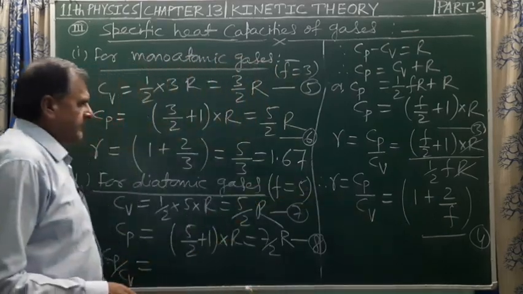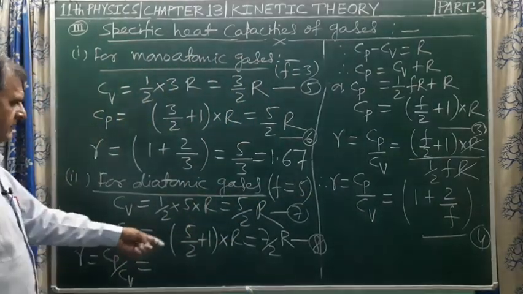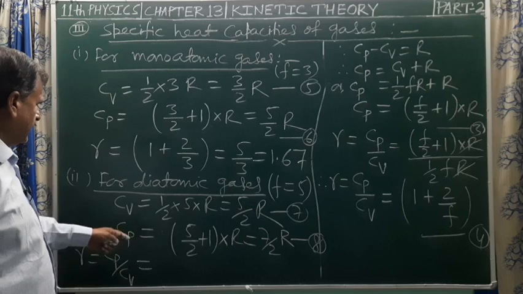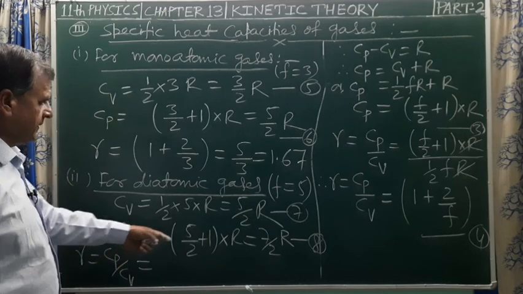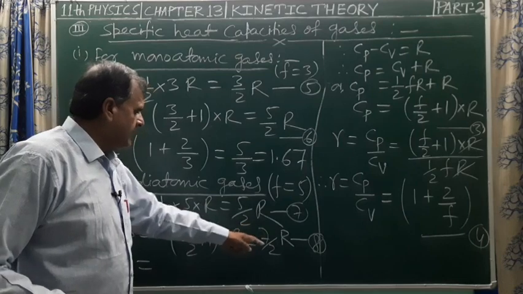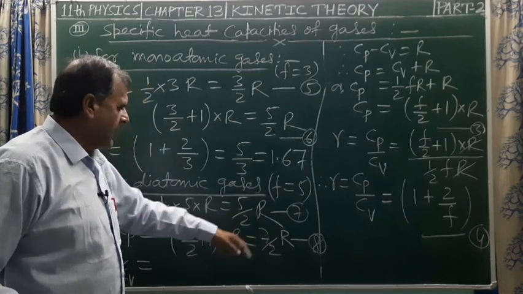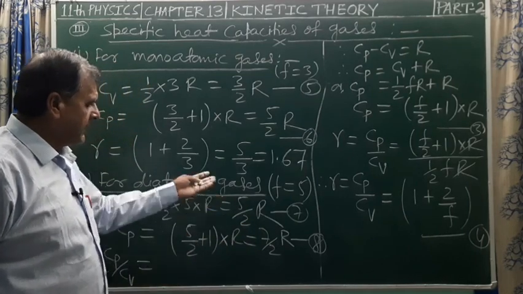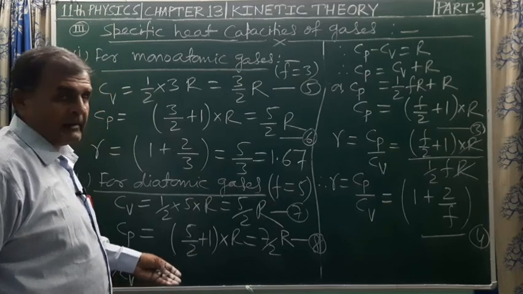Otherwise, we can also take the ratio of the values of Cp and Cv. Gamma is Cp by Cv, Cp is 7/2 into R and Cv is 5/2 into R, so R and R will cancel out, so it is 7/5.